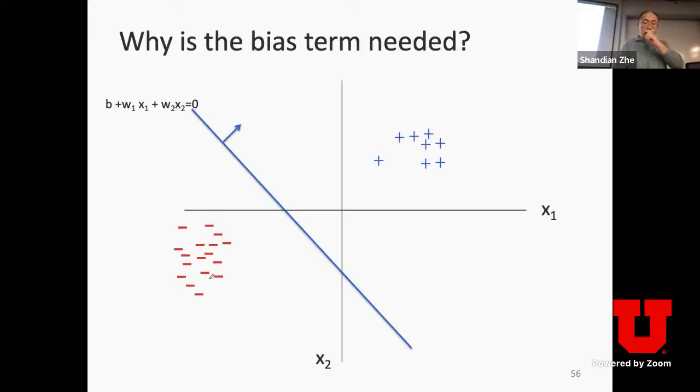So the last question regarding today's lecture is, why do we need a bias term in the definition of a linear classifier? It looks like the position or the direction of our classifying boundary is solely dependent on the weight vector W1, W2. Remember, W1, W2 is orthogonal to the boundary. But why do we need a bias term?